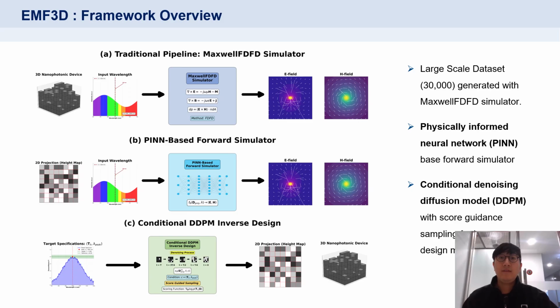The model synthesizes 3D device structures that meet target optical specifications, desired transmittance, and peak wavelengths. To our knowledge, this is the first end-to-end framework that unifies both field estimation and inverse device design in full 3D space.